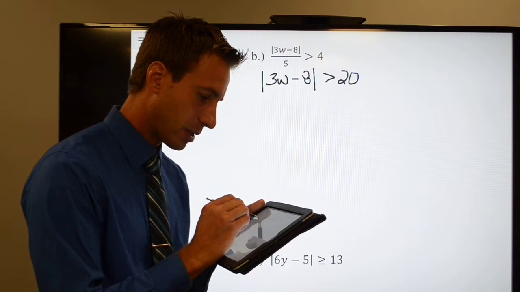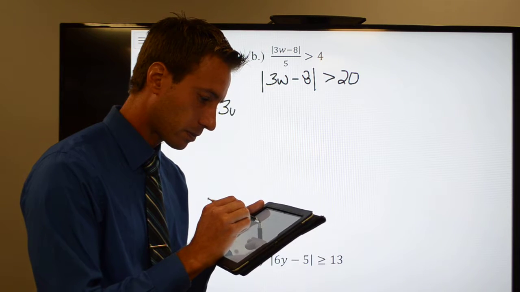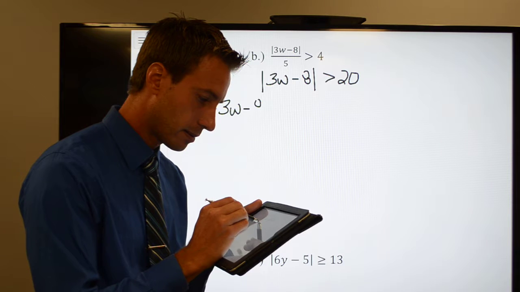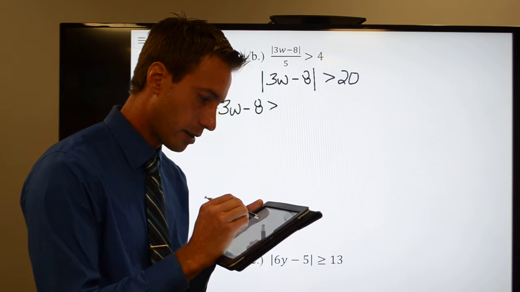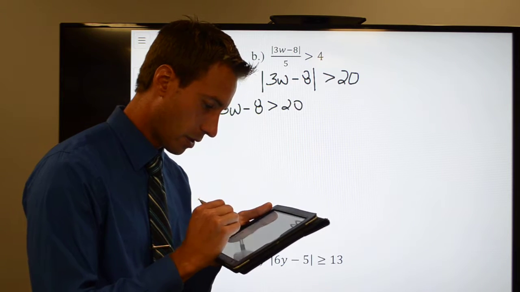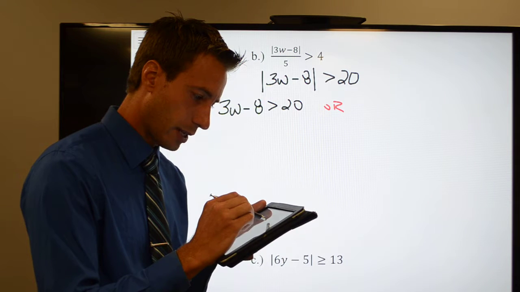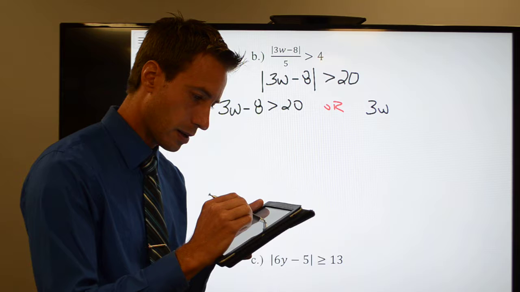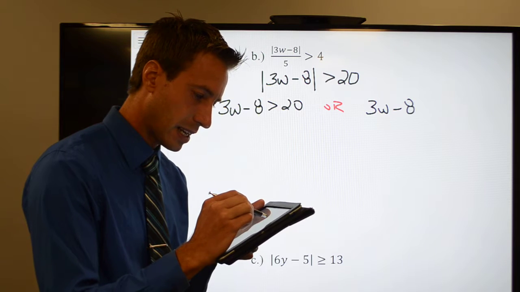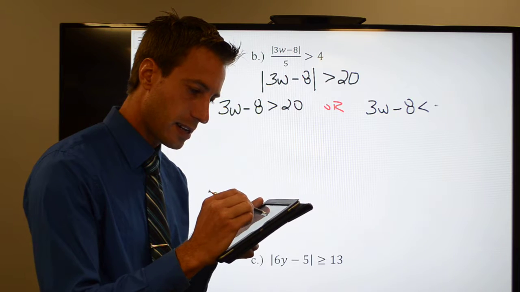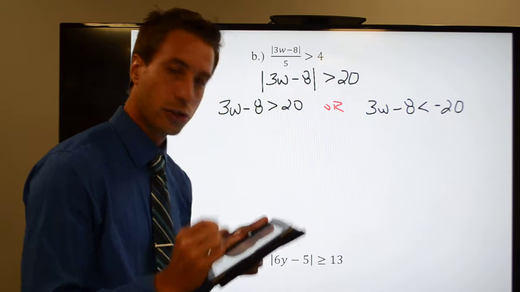We will have 3w minus 8 is greater than 20, or 3w minus 8 is less than negative 20.